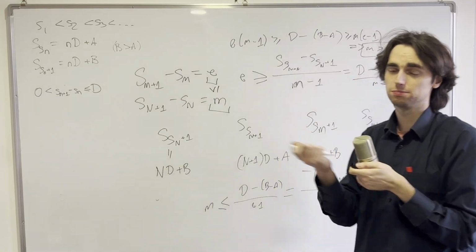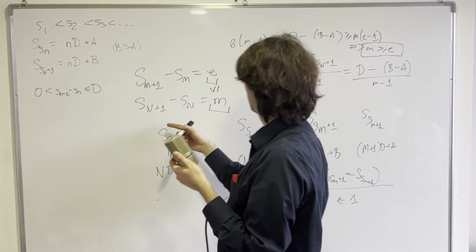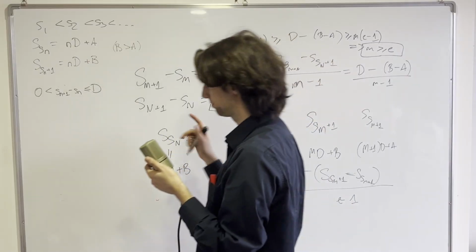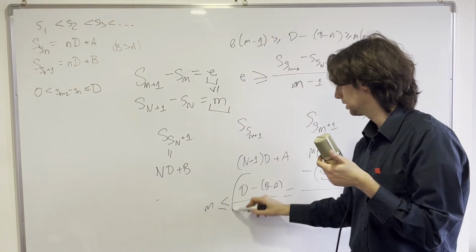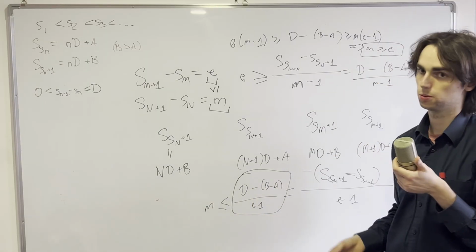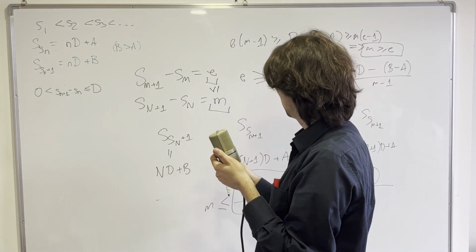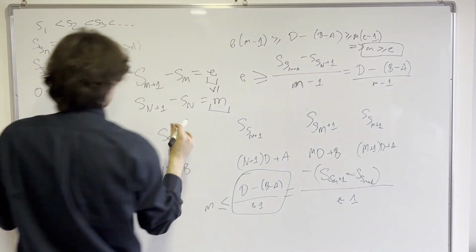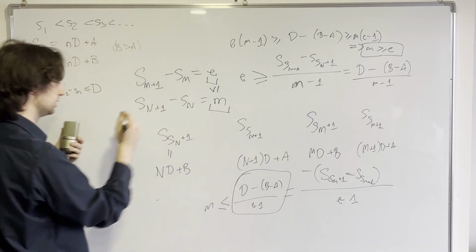Another way we could have also come to this is to say, so we have this for some m, and now we're going to have a difference that is either greater than or equal to this, or less than or equal to that. And to be precise, we could also have said this. Take the small difference, right? Sn plus 1 minus Sn, this is the small one.